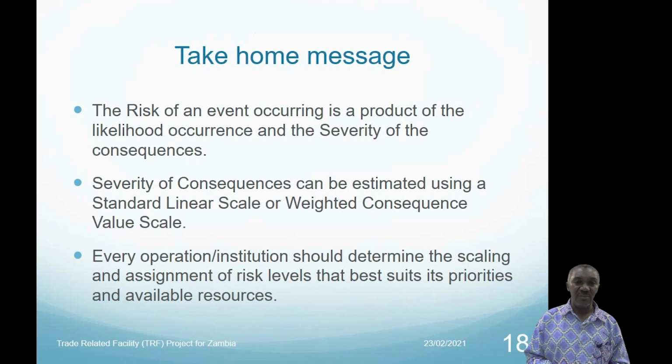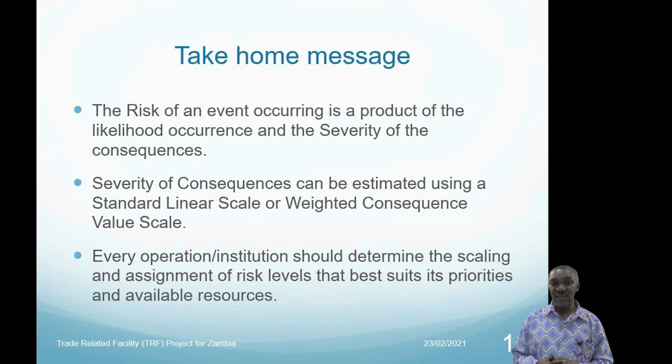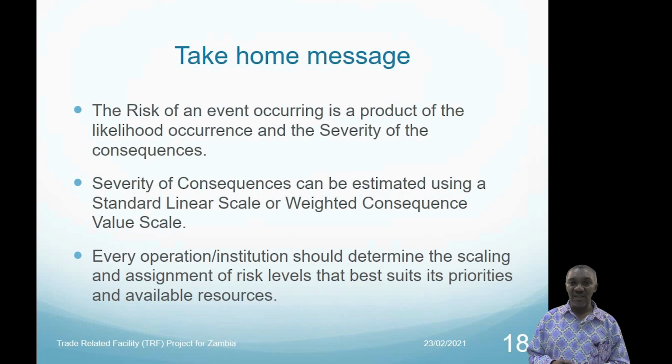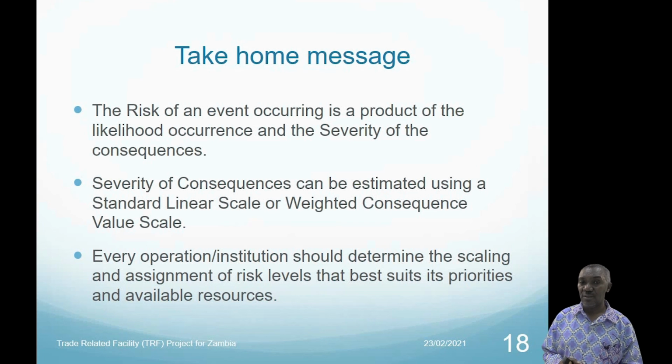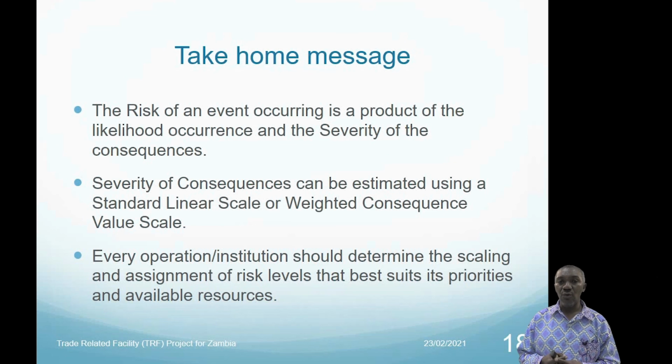So what have we been talking about? We've been talking about how we estimate risk. We are saying that risk is a function of two elements: the likelihood of occurrence and the severity of the consequences. And we say that we can estimate risk using either the linear scale, or the weighted consequence value.